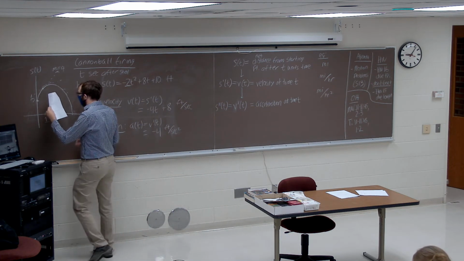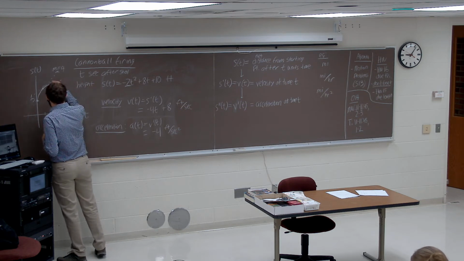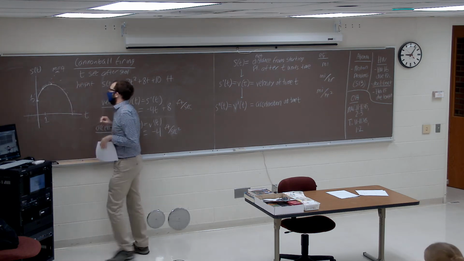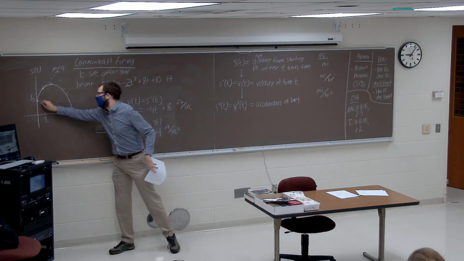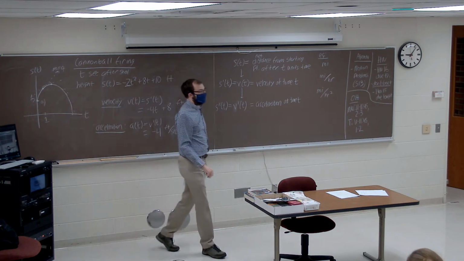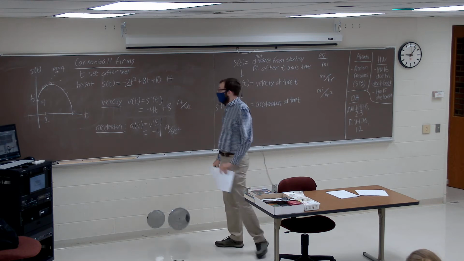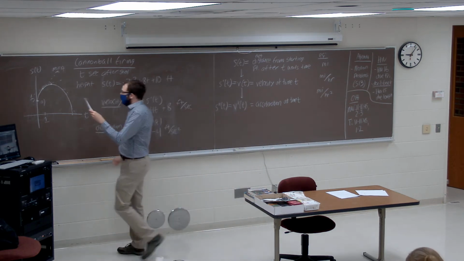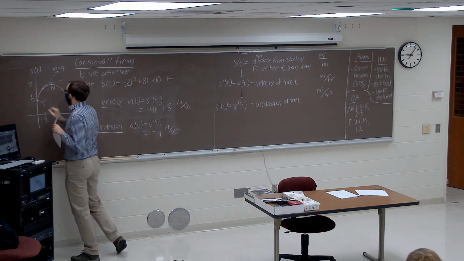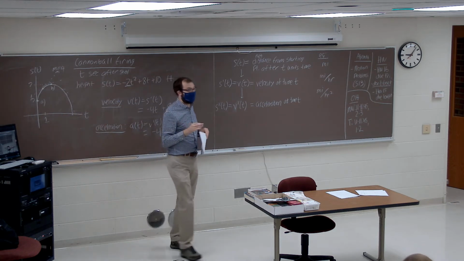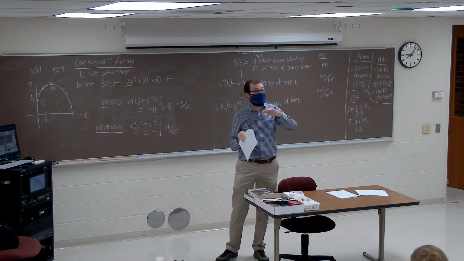Second thing I want you to look for is the point in time where our cannonball has reached its apex. I'll label this A to tell you this is the first thing you're looking for. Second question, B, is what's going to be the cannonball's height at the point in time where it reaches its highest point?